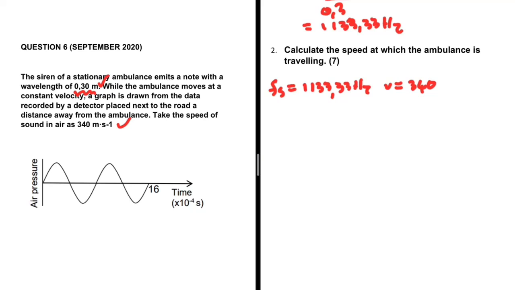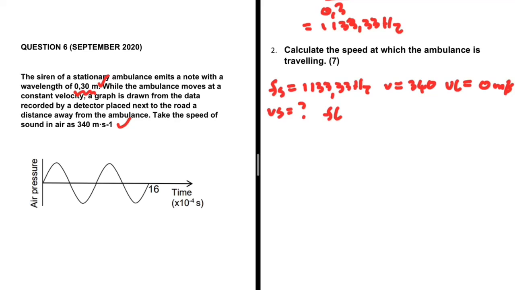Recorded by a detector placed next to the road at a distance. So VL, the velocity of the listener or the detector, is 0 meters per second. We're interested in VS, the velocity of the source. We still need FL and need to figure out whether the ambulance is moving away or towards the detector.